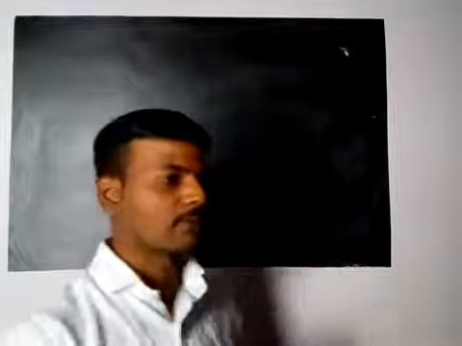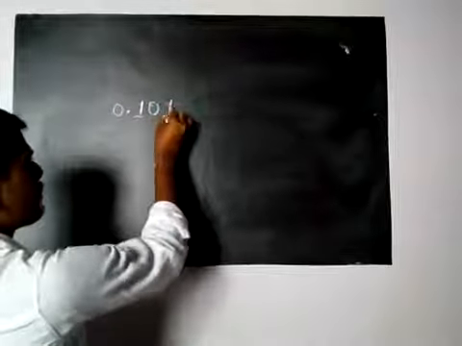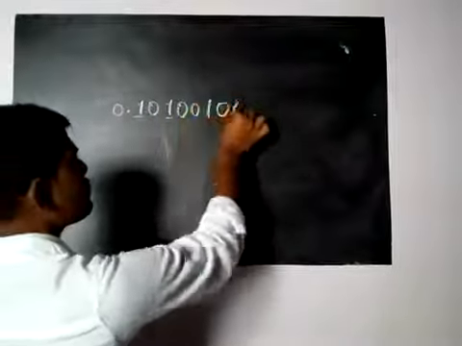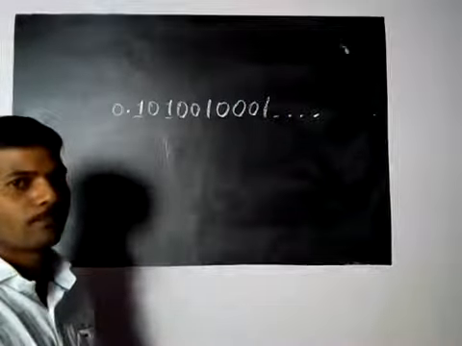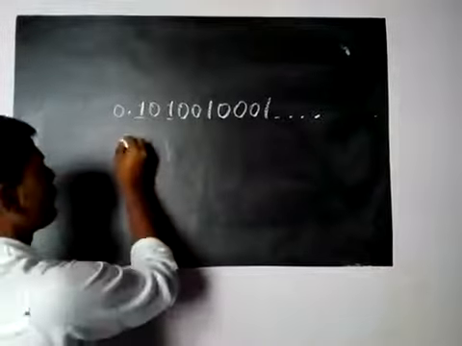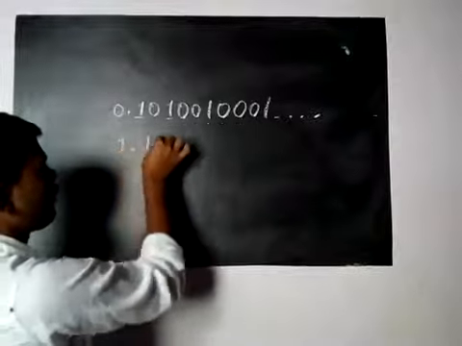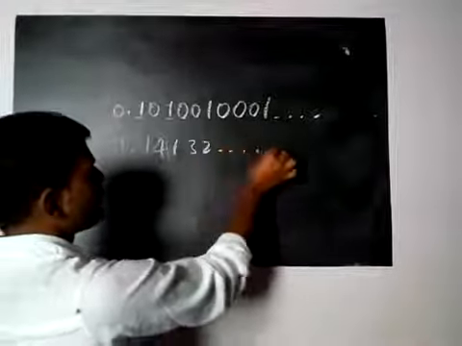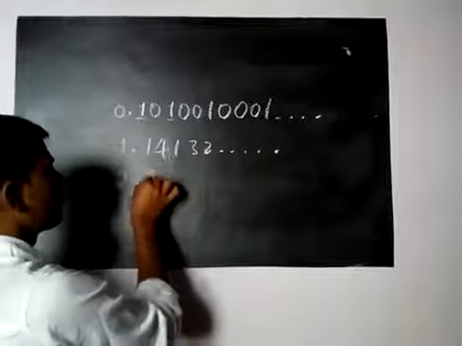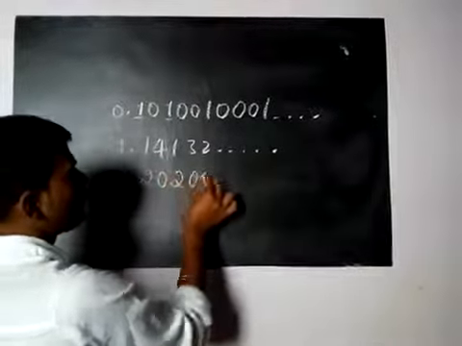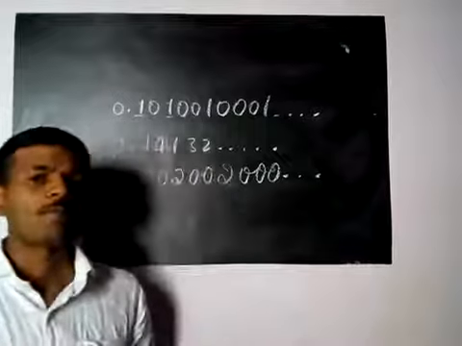Let me give an example: 0.1010010001 and so on, 1.1432 and so on, 2.20, 200, 2000, and so on.